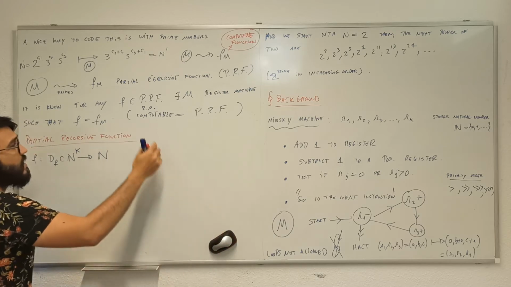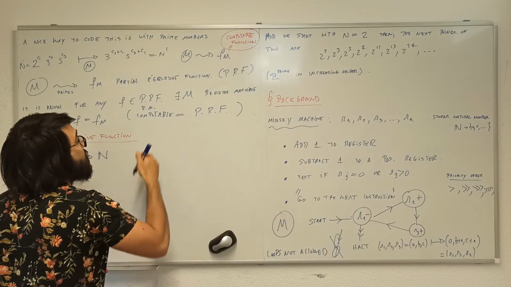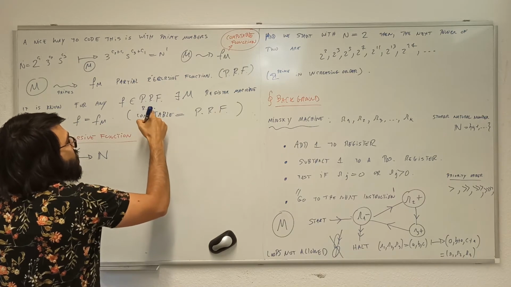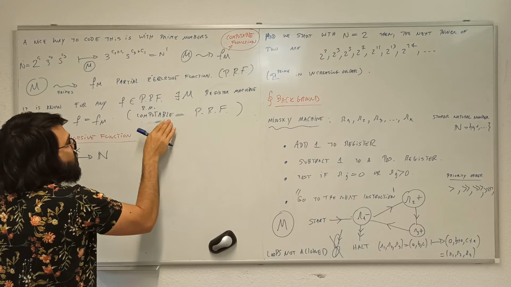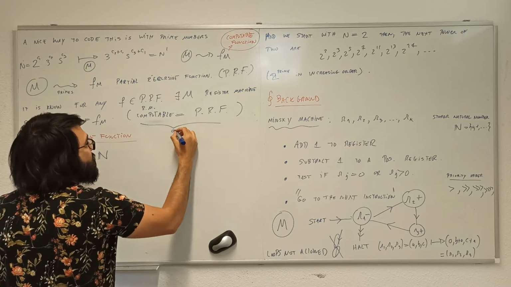So in a way, I should say here one variable: register machine computable, one variable, on both sides.